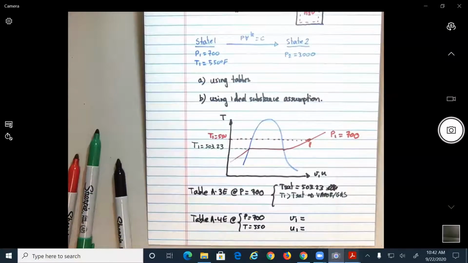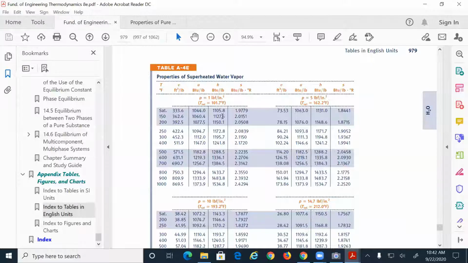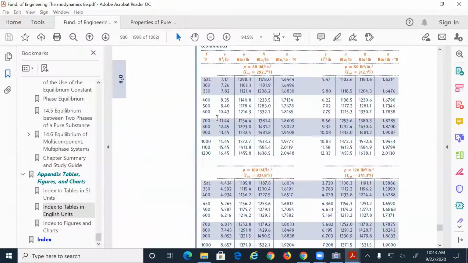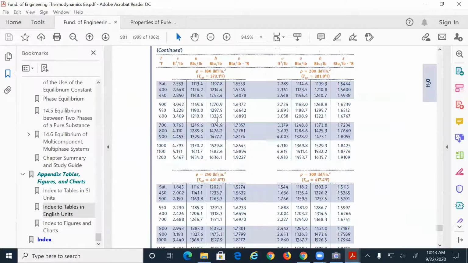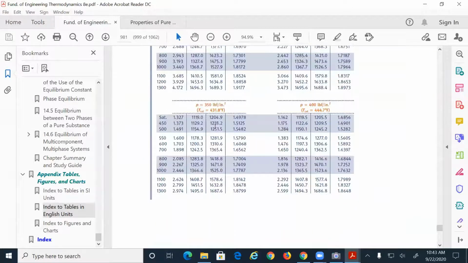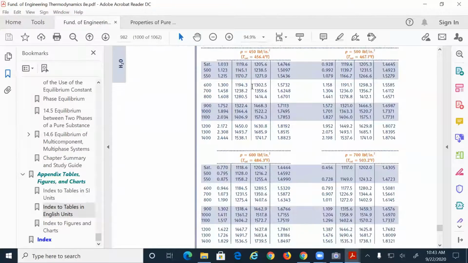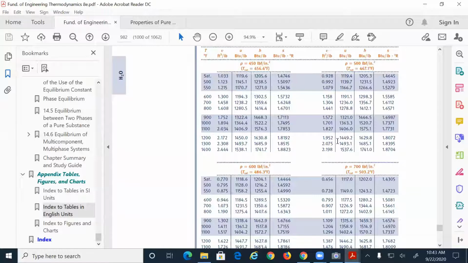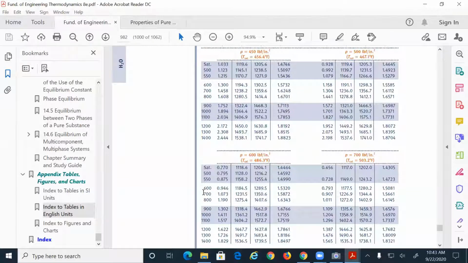So we go to table A4E. What do we find at P equal 700? Hopefully we have 700, and we don't have to interpolate. Okay, 700 here. We look for the first column, second column, and we look at the temperature of 550. So we're lucky to have 550.